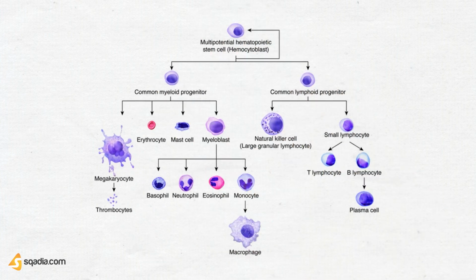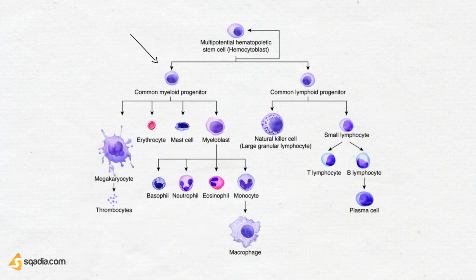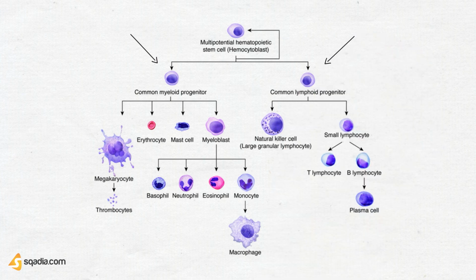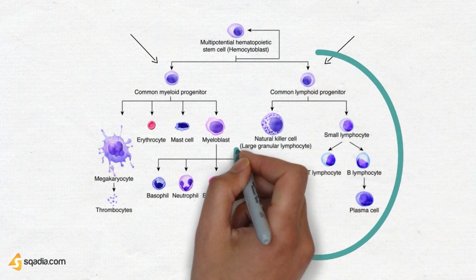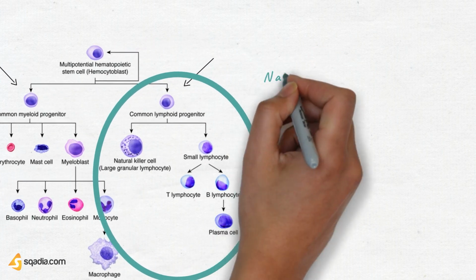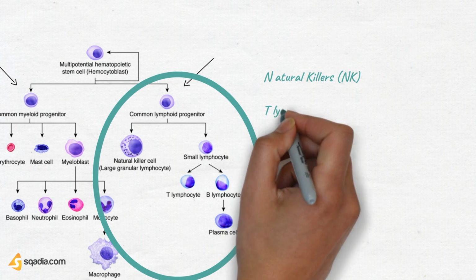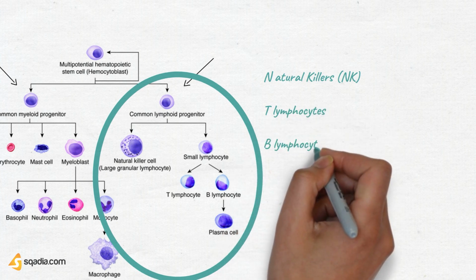In a previous video, we saw that all cells in our blood come from the multipotent hematopoietic stem cell in the bone marrow. They first become myeloid progenitors or lymphoid progenitors. Lymphoid progenitors will differentiate and become either natural killer cells or T lymphocytes or B lymphocytes.